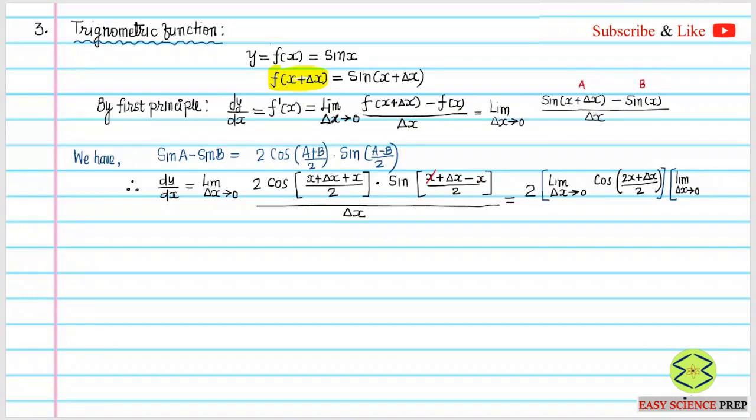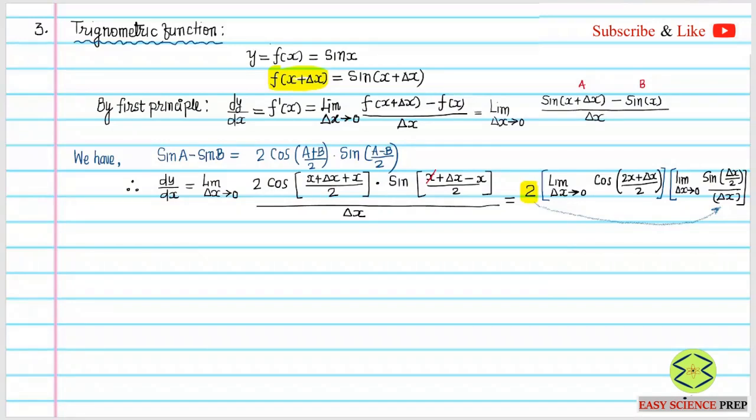So it is sine (delta x by 2) whole divided by delta x, which was in the denominator actually. So I can take this 2 outside and bring it into the denominator, so that you get a proper form.